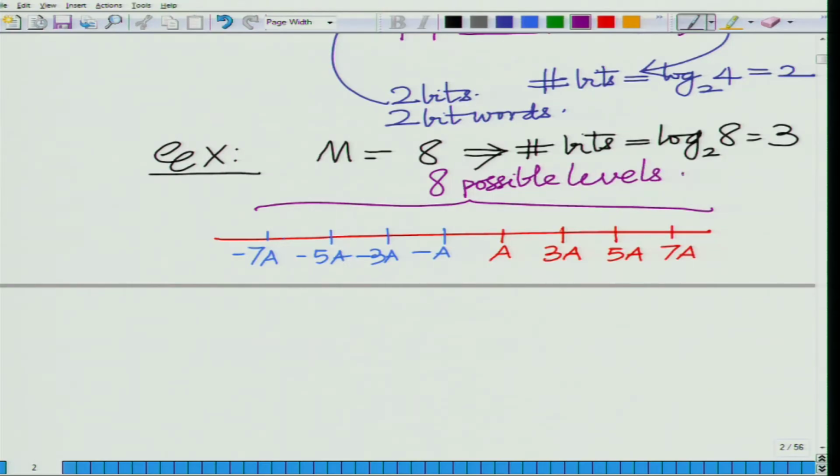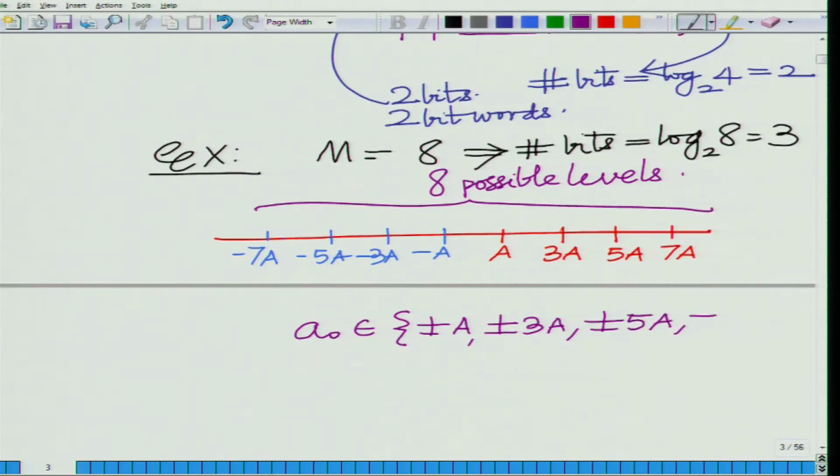Now, a naught can belong to one of these 8 possible levels, that is plus or minus A, plus or minus 3A, plus or minus 5A, and plus or minus 7A.